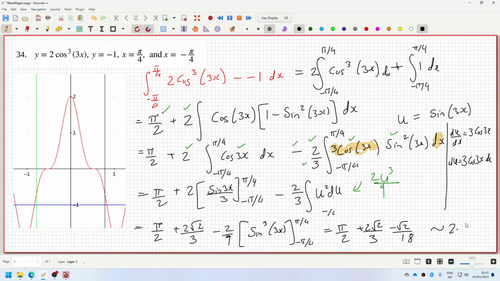Roughly 2.4. So now I can check that answer again. What's that now? Hopefully I get something roughly 2.4. Then I think I have this correct now.